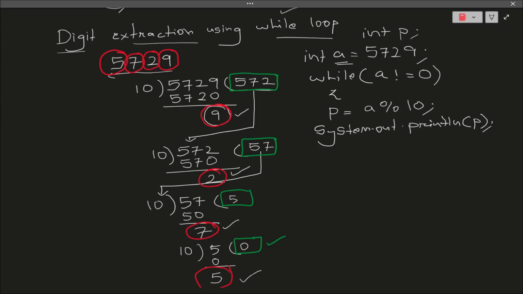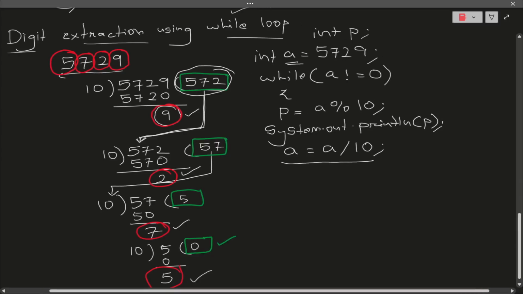Then I will be writing a is equal to a divided by 10. This is the most important step. Why have I written it? Every time I divide any number by 10, the quotient is given. By this step, I have changed the number to its quotient.